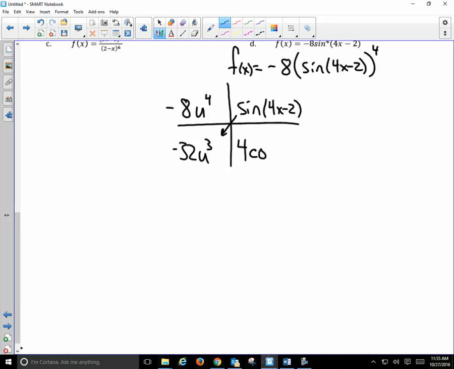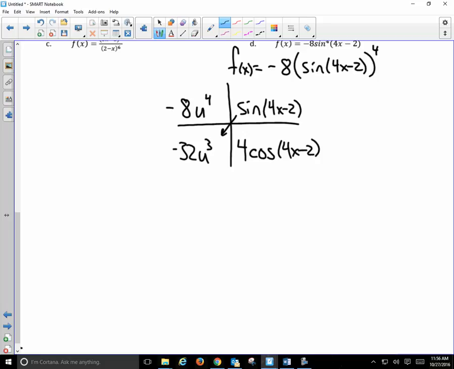Cosine. With the inside left alone. And you can go ahead and make the boxes, but for the sake of time, there are many times in the class where I will refer to the derivative of the inside times the derivative of the outside with the inside left alone. And I believe that that is a nice way to go about it.